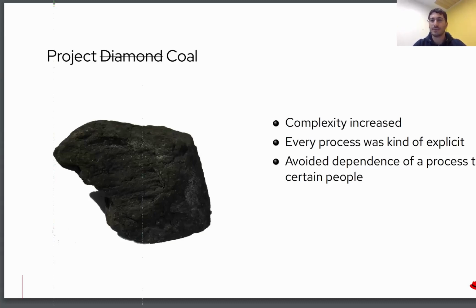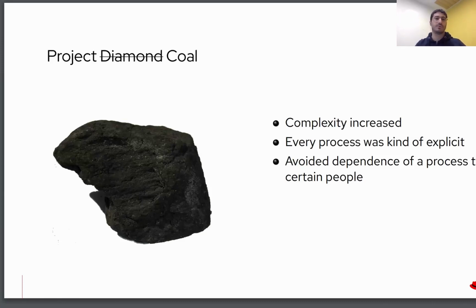What they did was they just told all the people within the operation side of the business, go automate stuff. And that is a little bit the issue that they had.